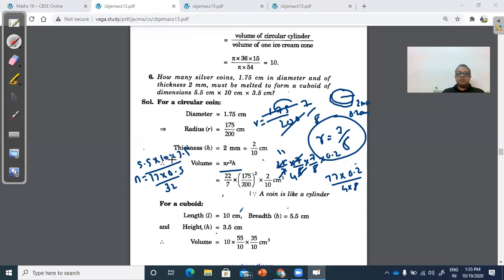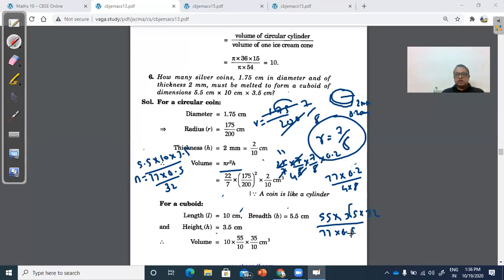Number of coins will be this. So this I can easily calculate, because 5.5 into 10, I'm going to get 55 into 3.5 divided by 77 into 0.5, and this 32 that you find, that I can transfer on top. So this will be into 32.